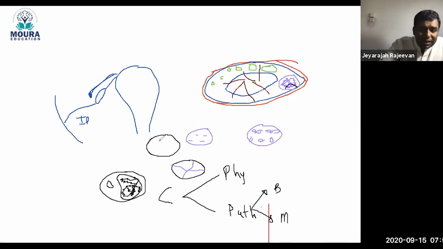But here you can see this is a unilocular cyst, only one room. So the entire fluid is accumulated inside the cyst, in a single room. This is multilocular. Then look at the size of the cyst.